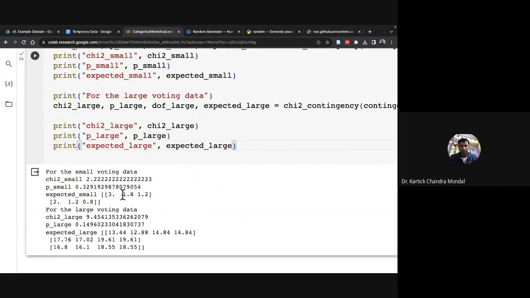So see, in this case, the expected frequency in the small data set and the expected frequency in the large data set. Here you have the other values of these frequencies.